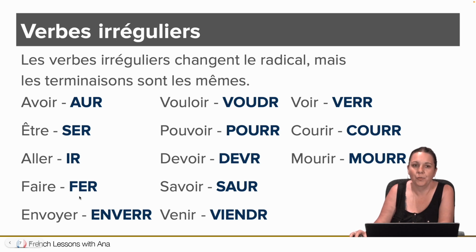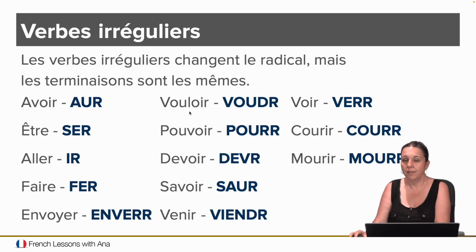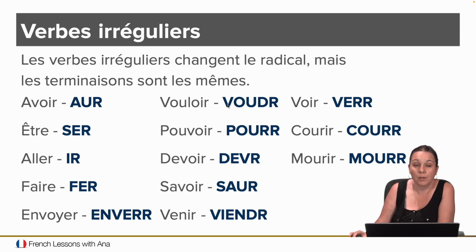So F-E-R. Then the verb envoyer, to send, becomes enverr. Notice there's a double R here, okay? So E-N-V-E-R-R. Then the verb vouloir, to want, this means, it changes into voudr, okay? Pouvoir, to be able to, or the idea of can.